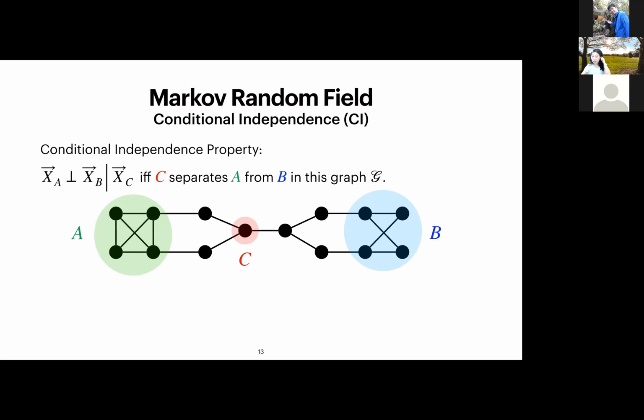Notice that C doesn't have to be one node here. It can be multiple nodes. For example, C can be these 2 nodes, or it can be these 6 nodes, and so on, right? And of course, A and B are also collections of nodes.